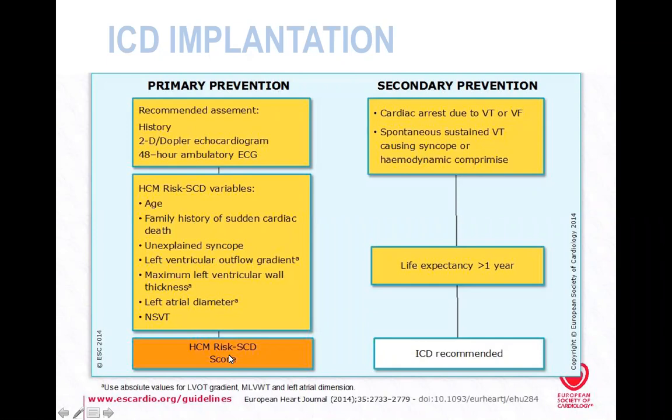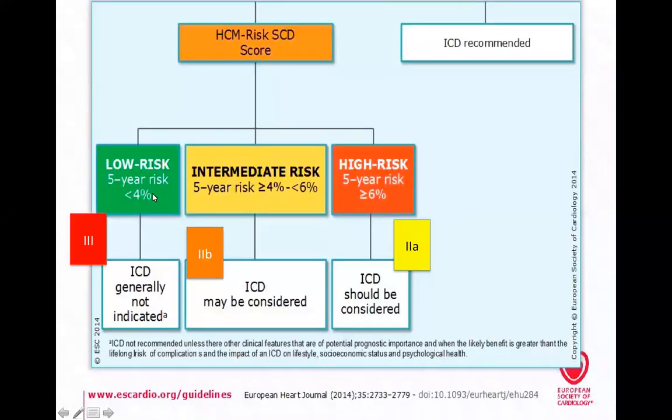The score, as we mentioned before, is low risk, intermediate risk or high risk. Low risk is less than 4%, intermediate is between 4 and 6, and high is more than 6. If low risk, there is no recommendation for ICD implantation. Intermediate risk is class 2B to implant, and high risk is class 2A to implant as prevention.